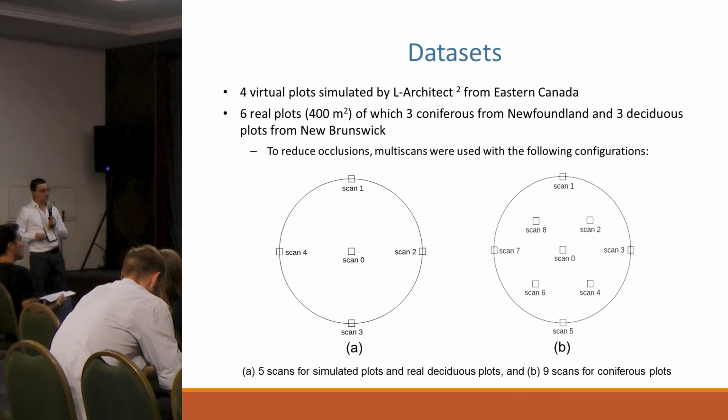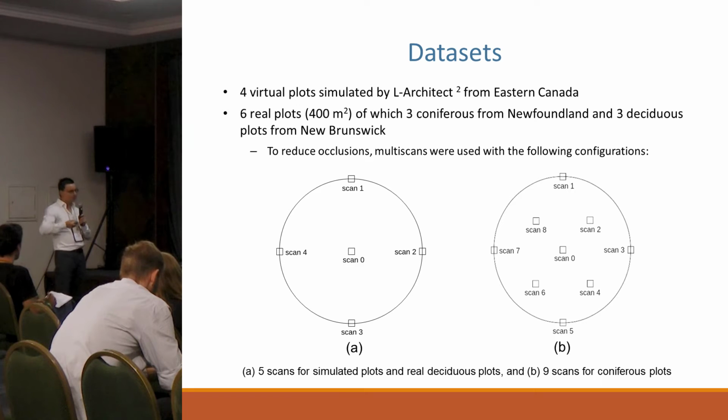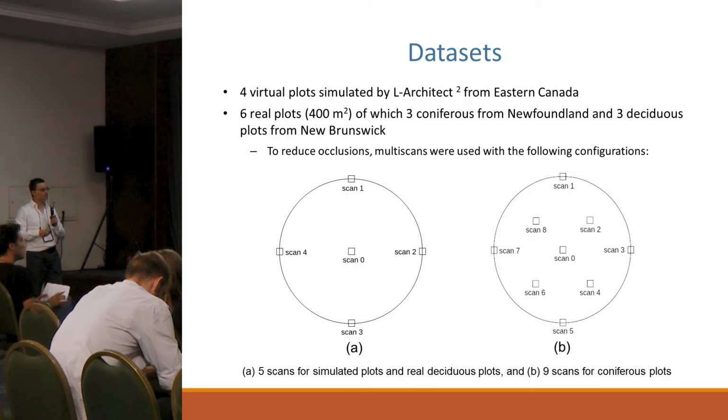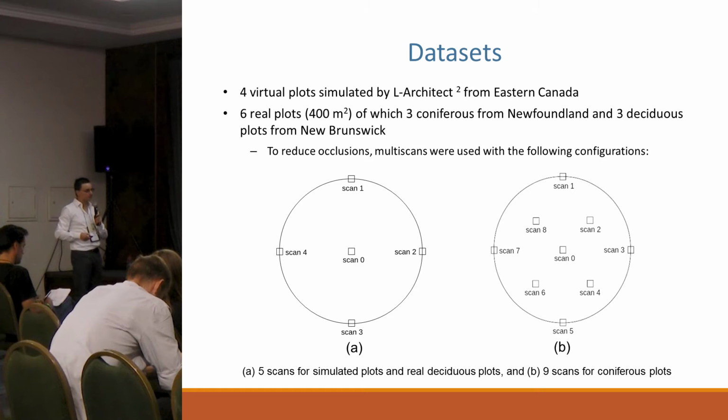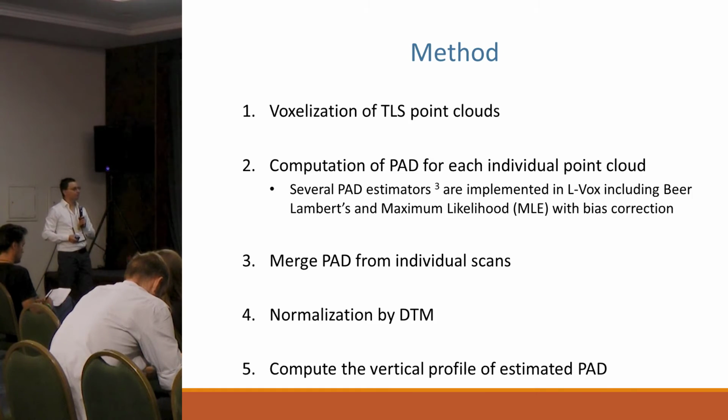For the coniferous plots in Newfoundland, from another dataset that we used for previous studies, they used 9 scans to be able to see everything, and the plots are still 400 square meters. It was pretty messy, so they didn't want to miss anything. 9 scans for that, to be sure.